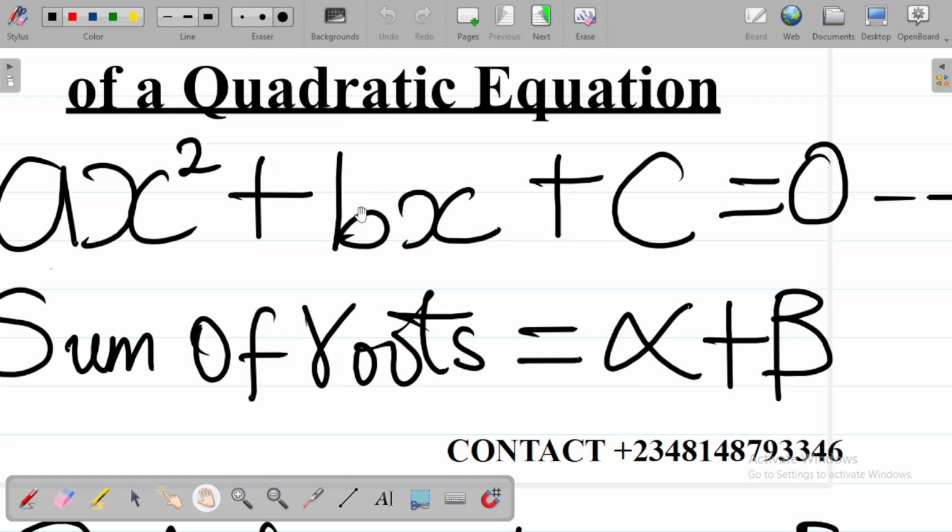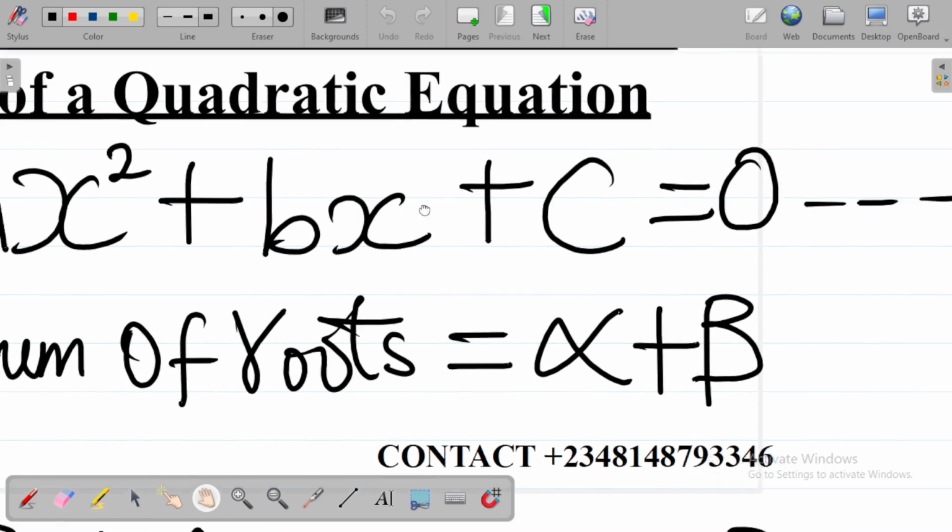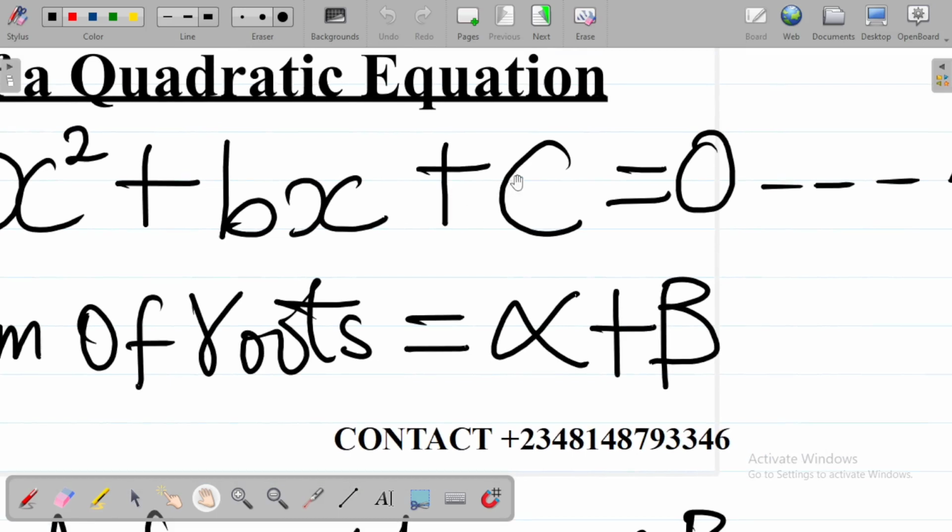So if you are to compare two quadratic equations, you look for the coefficient of x in one and then equate it to the coefficient of x in the other equation. And then you also look for the constant term, which is c, in one equation, and then equate it to the constant term in the other equation.